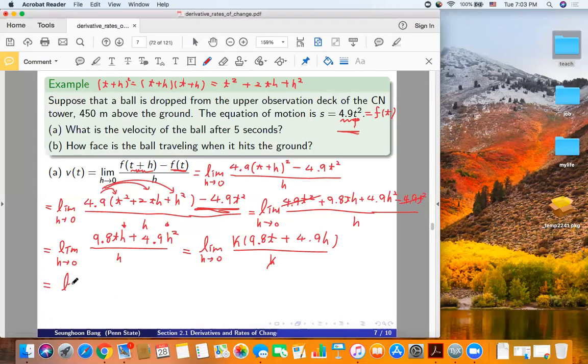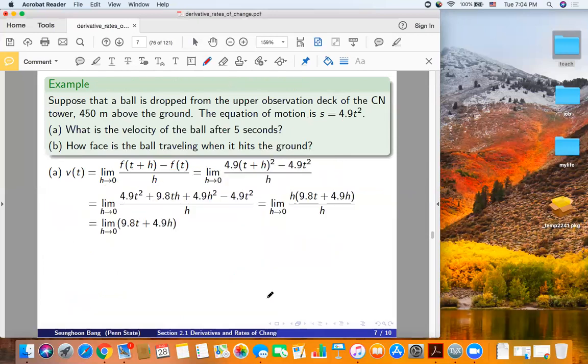The remaining part is 9.8 t plus 4.9 h. The last step, you plug 0 into h. 4.9 times 0 is 0. The remaining thing is 9.8 t. That's it. So the velocity is 9.8 t.